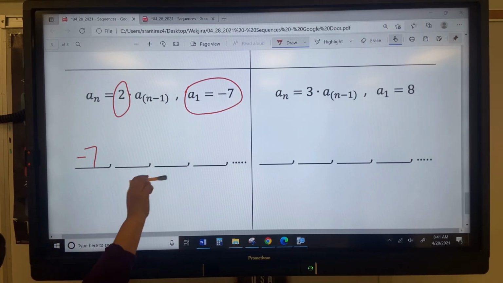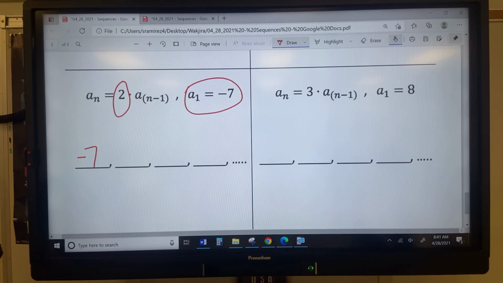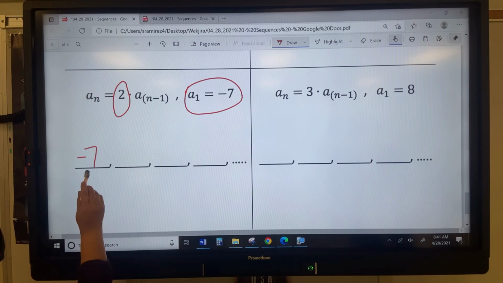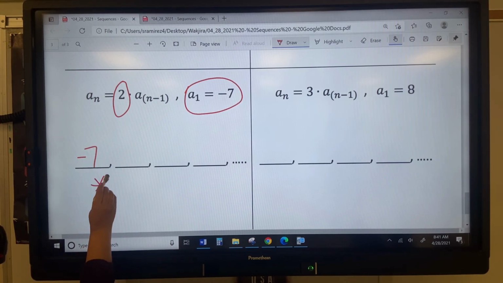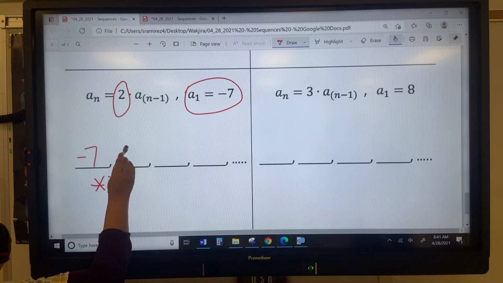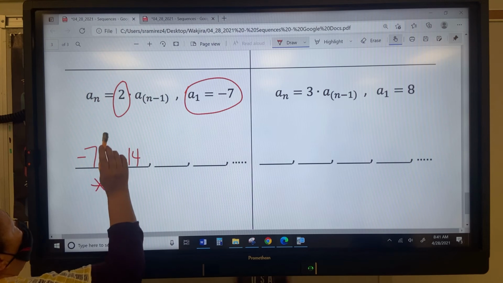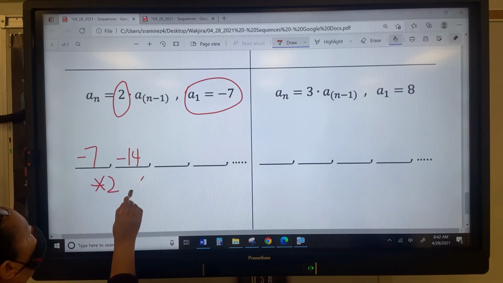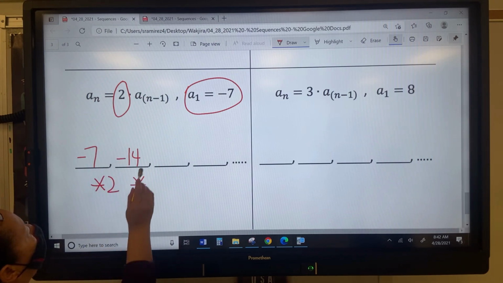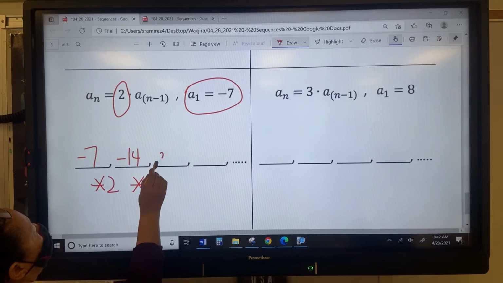Then in order for us to fill up the rest, what do we do? Yes, we have to multiply them by 2. So negative 7 multiplied by 2 will give us negative 14. Then negative 14 multiplied by 2, that is our R, is negative 28.